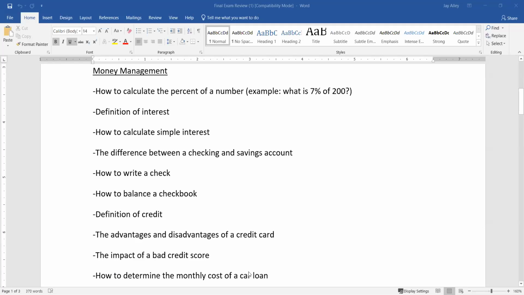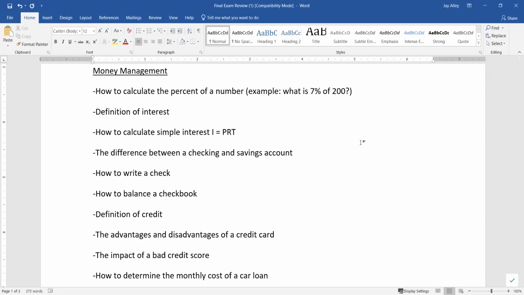Does that make sense? Because you remember the formula for calculating simple interest? Interest equals PRT.